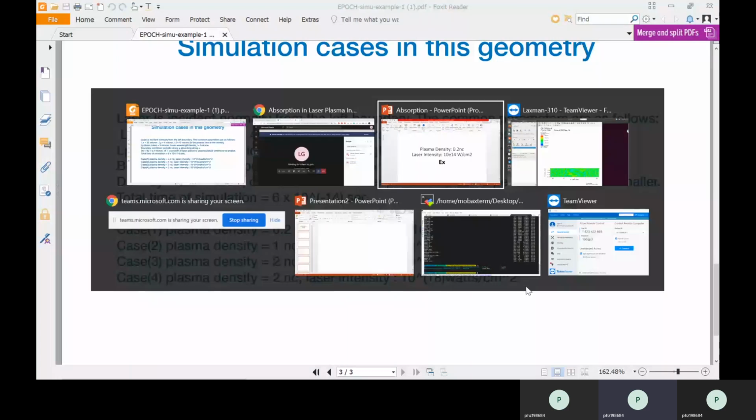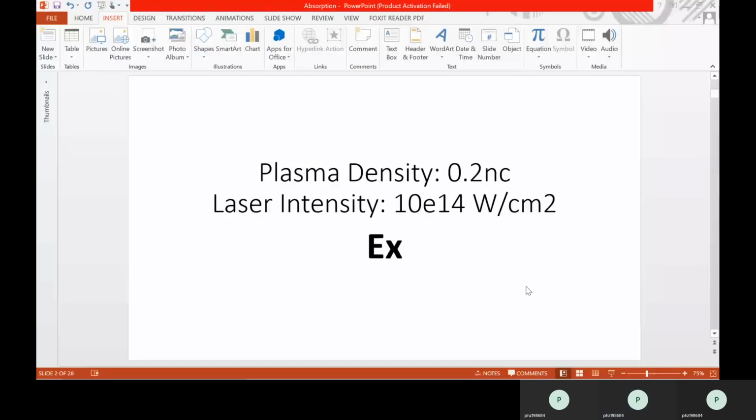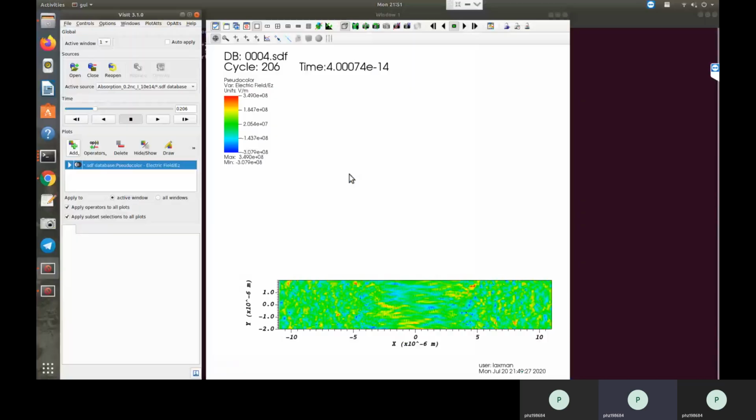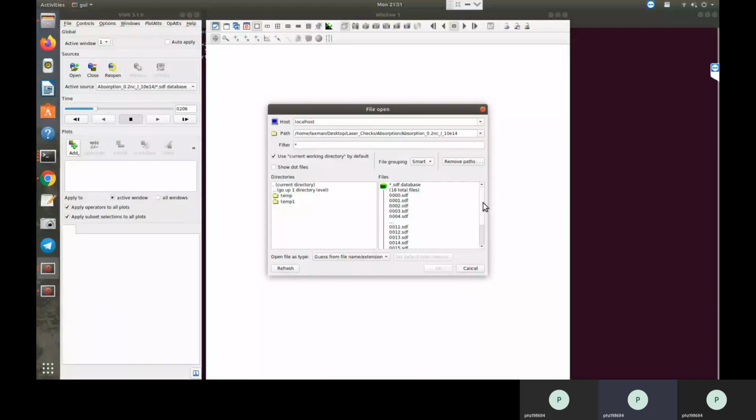First, we will start with the density profile for the first case of 0.2 times the critical density and 10 to the power 14 intensity. Okay, so remove this first. Add a curve.